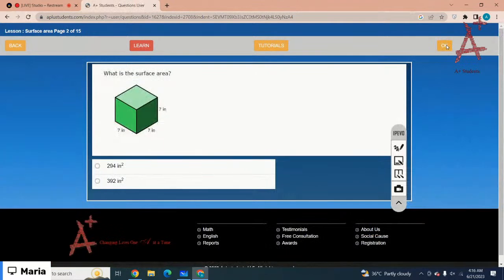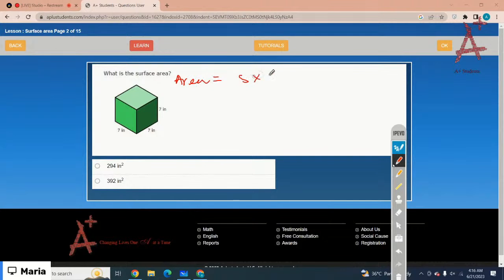Okay, the next one is a cube. The cube has 6 faces. Just look at only one face, that is a square. First of all, you have to calculate the area of a square. That would be side times side. So side is 7, you have to do 7 times 7 is 49. That is the area of just one face.